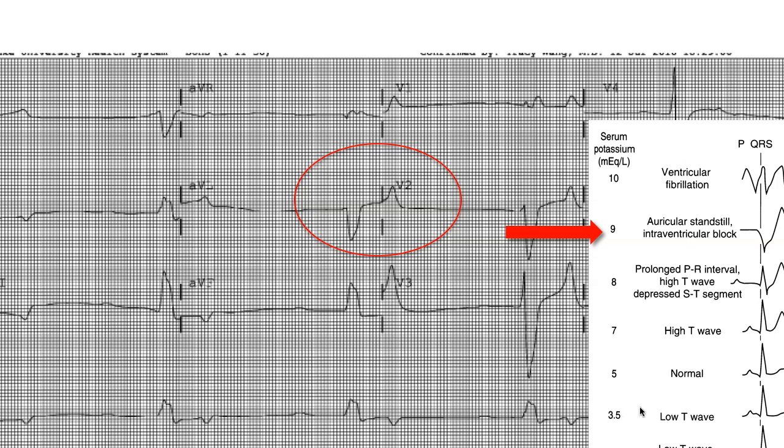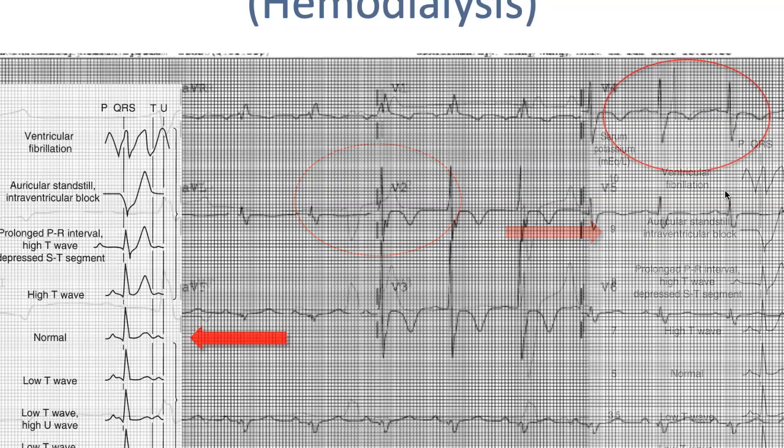Because look, down here with a normal serum potassium around 5, you can see we have P waves. We have a shortened QRS complex. What's going on? And why is there this progression here? And you can see that if we do nothing, if the serum potassium goes higher, we eventually get ventricular fibrillation. And we want to avoid that because that is obviously life-threatening.